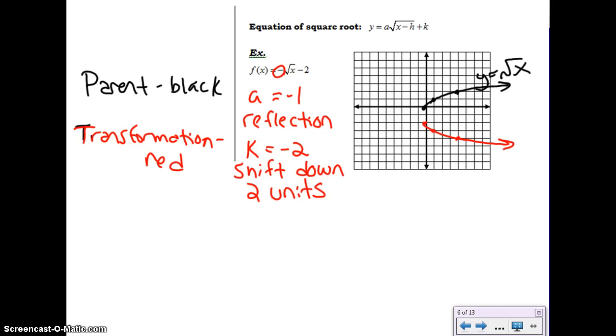So instead of going up 1 and to the right 1, I went down 1 and then to the right 1. Instead of going to the right 4 and up 2, I went to the right 4 and down 2. So that's how I got the next point and graphed my transformed function, which is y equals negative square root of x and then minus 2.